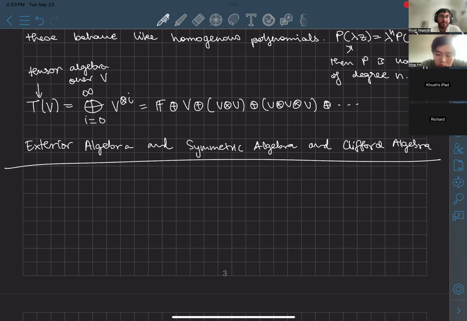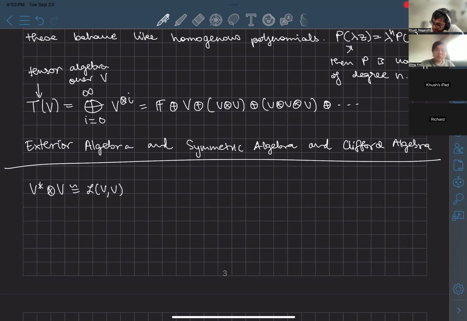Now let's talk about what we want. I've now said that V tensor V, we can think of as just the group of linear maps from V to V, from our thing above.